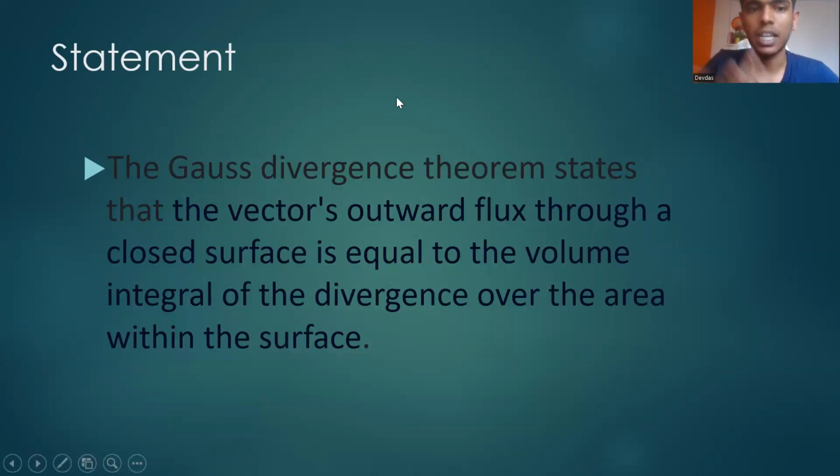So let's go through the divergence theorem statement once. The Gauss divergence theorem states that the vector's outward flux through a closed surface is equal to the volume integral of the divergence over the area within the surface. So just go through the statement once again. If you cannot understand, we'll go through the formula that the statement defines, so that makes things easier.